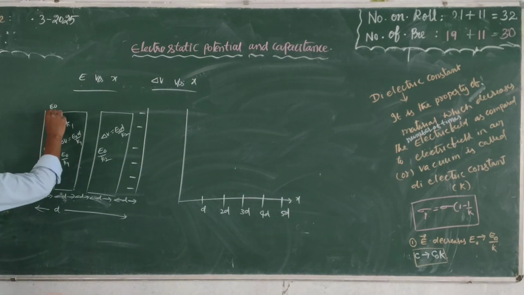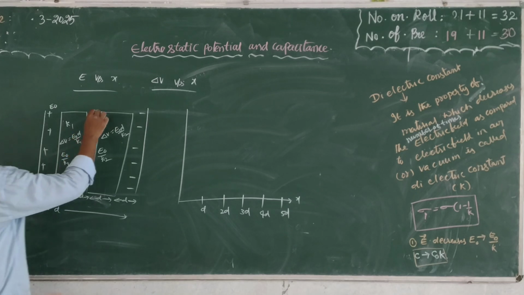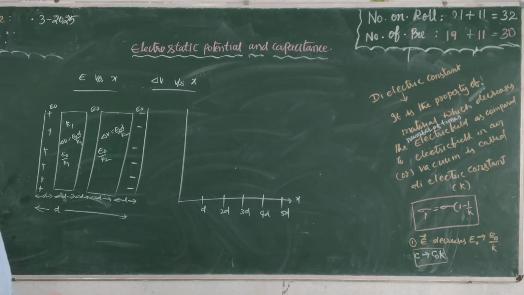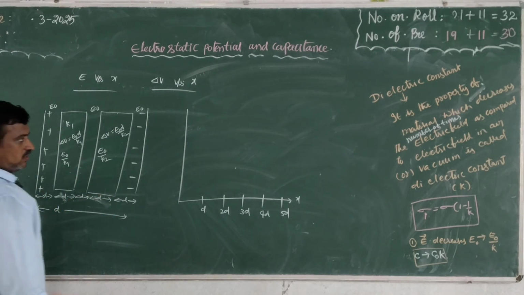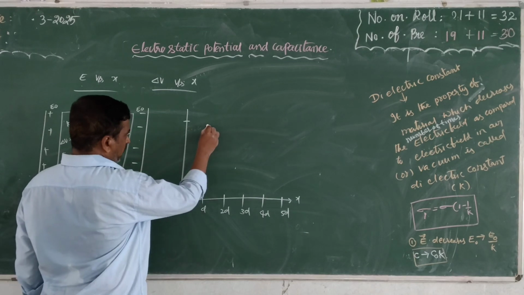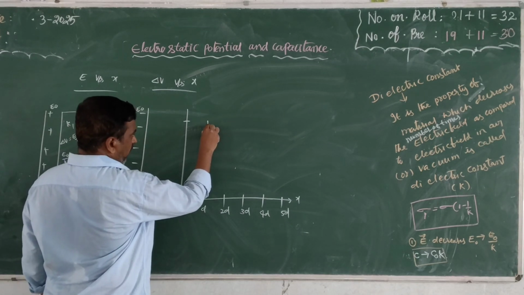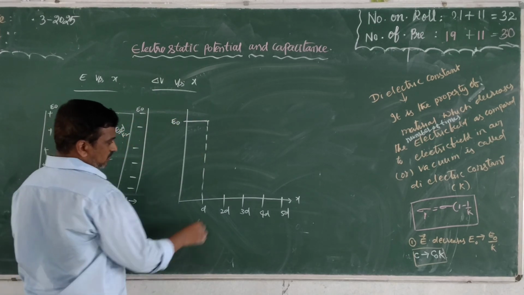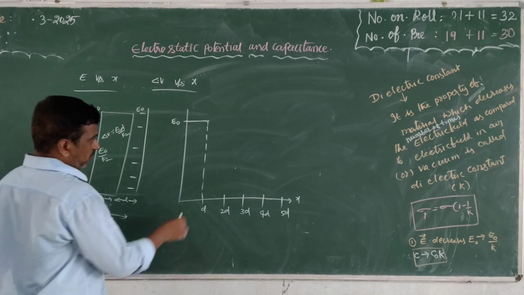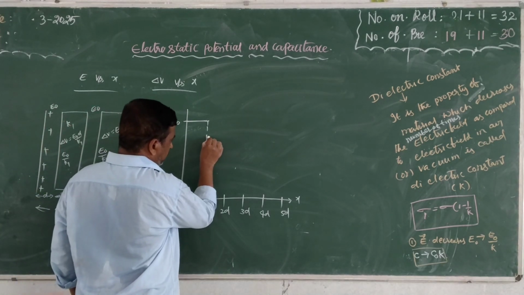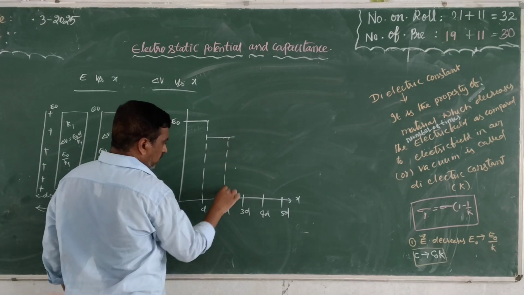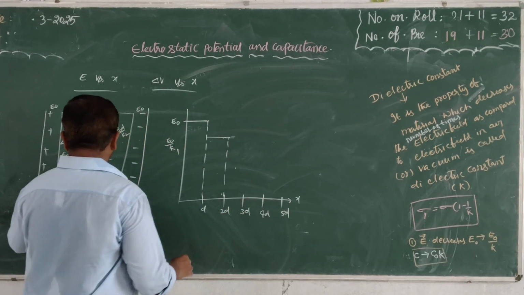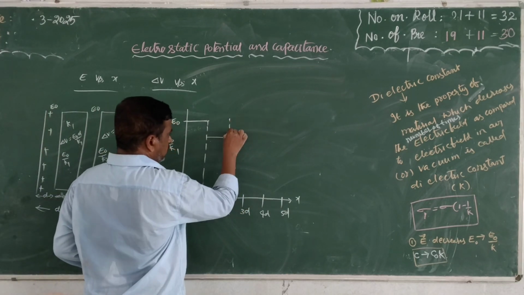Here it is E naught, then E naught by K1, again E naught, then E naught by K2, again E naught. Here the dielectric constants are K1, K2. The electric field is maximum in the first one, because empty means air is there, so it is E naught. Next, the second one has a dielectric, so it is E naught by K1. Then again empty space means air medium, so again it is maximum.